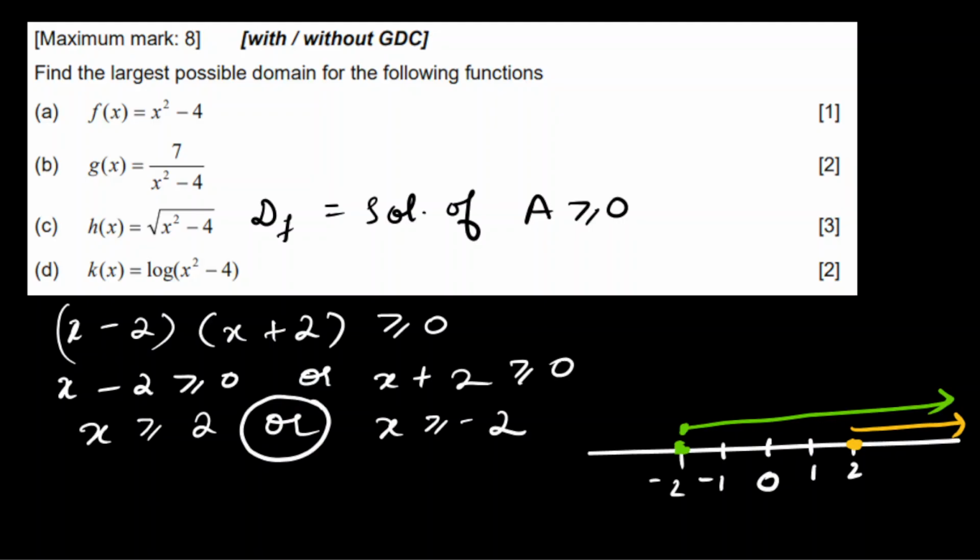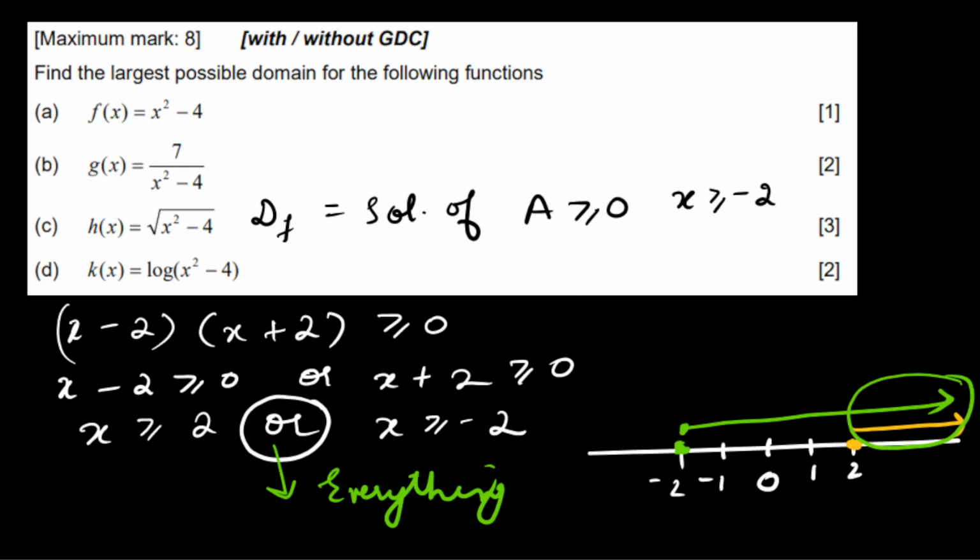So now we have to find in case of or. In case of or, everything we have to include. Everything means the green part as well as the part which is shared by both. So when I have to write its domain, I can only write x is greater than or equal to minus 2, because this line covers everything.